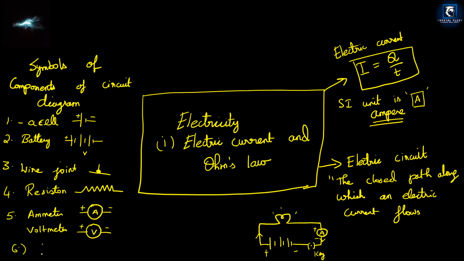Another one, key. Sometimes in exam, the circuit will be connected like this, and this is an open circuit. When you keep a dot, it is a closed circuit. There was a question some 6-7 years back in the board exam. The circuit was connected just like this. I'm just drawing a rough circuit here. They were asking how much current is flowing, find out the current.